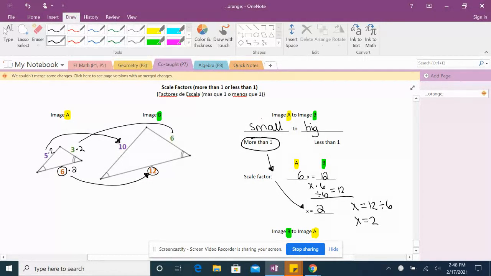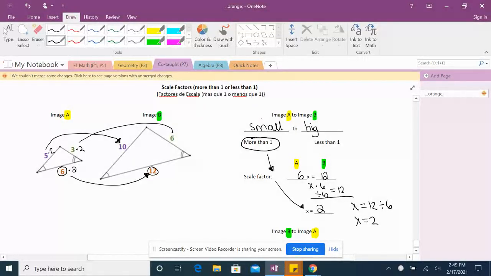Y 5 por 2 son 10. So all of the numbers on the left can be multiplied by 2 to get the numbers on the right. Entonces, eso significa podemos multiplicar todos los números a la izquierda por 2 para obtener cada valor a la derecha.